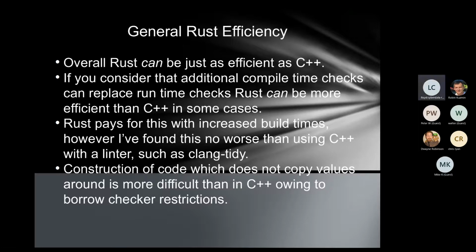The other thing I would note, because of the borrow checker, constructing code which does not copy values is definitely more difficult in Rust than in C++. So the borrow checker restricts you. You've got a couple of trade-offs when you get into this. You can basically just copy the object.